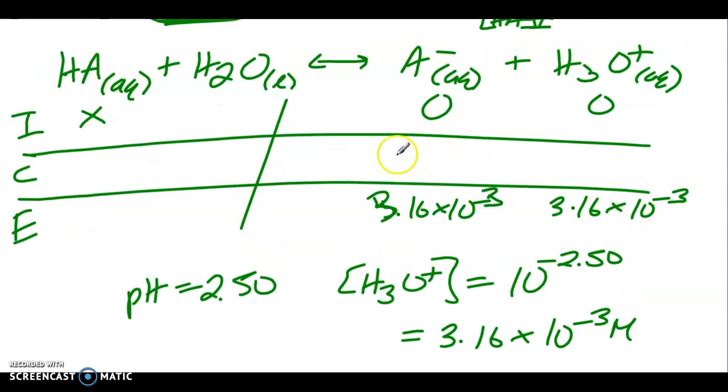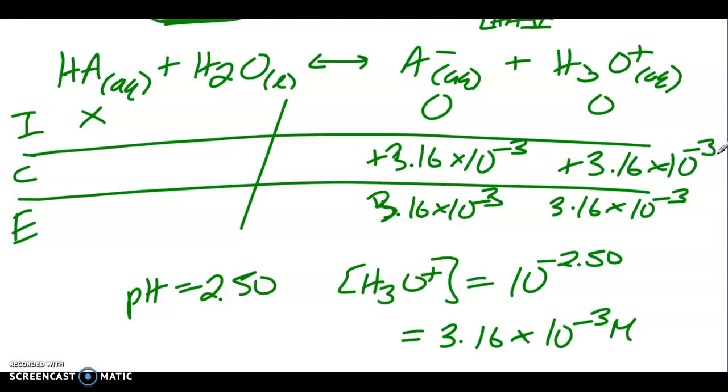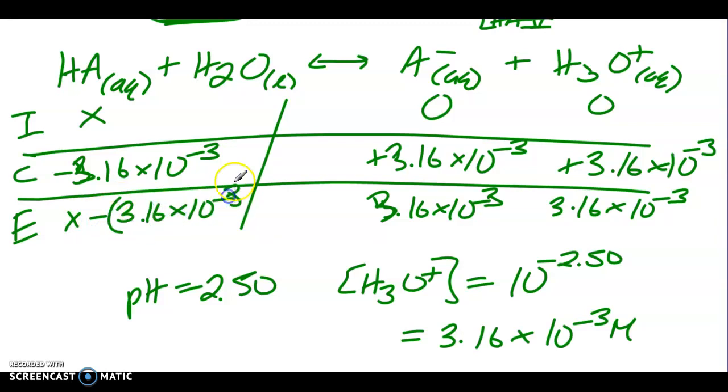And so really this is like our original plus x, but it's plus 3.16 times 10 to the negative 3. So here we know that what our original x usually is, it's going to be minus that on this side, right? So we know this is going to be x minus 3.16 times 10 to the negative 3, right?